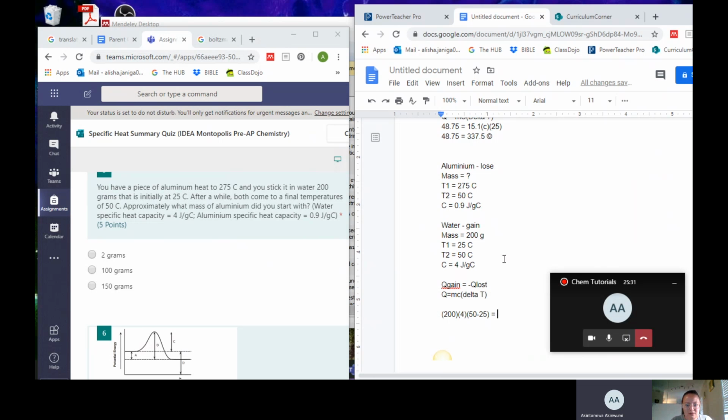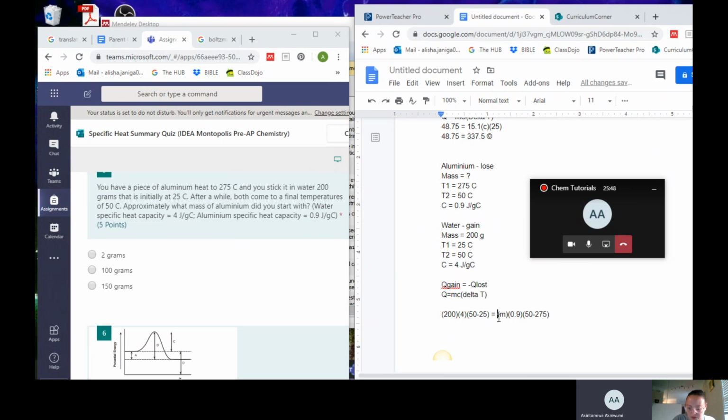And then for the aluminum, we don't know the mass for the aluminum. And then we'll throw that negative in the front to cancel out the negative we'll get from the change in temperature, so that we don't end up with a negative mass, because that doesn't make any sense. Okay. And from there, it's just algebra. You solve for the mass. That's the easy part, right? Yes.